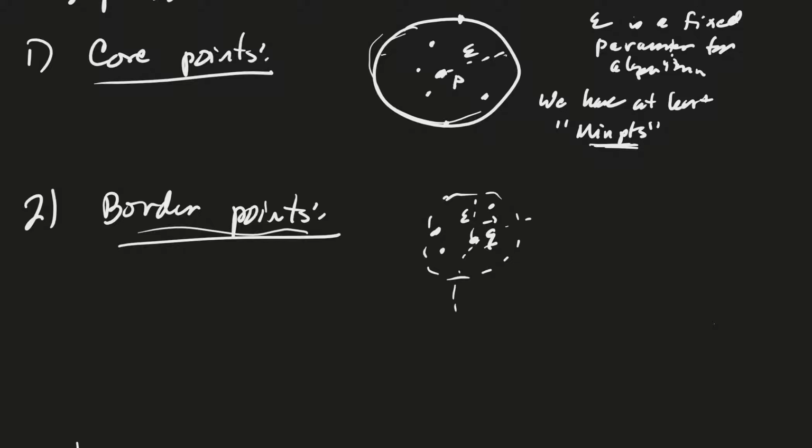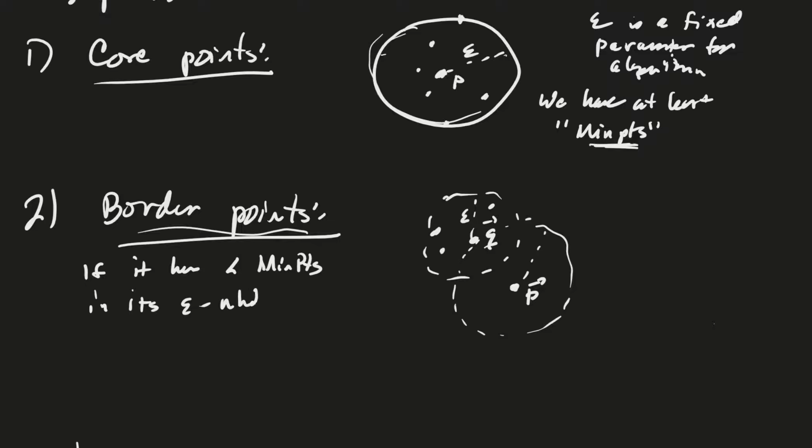However, it's a border point if it's within epsilon of a core point P. So I should write that down: a point is a border point if it has less than min points in its epsilon neighborhood, and is within epsilon of a core point.